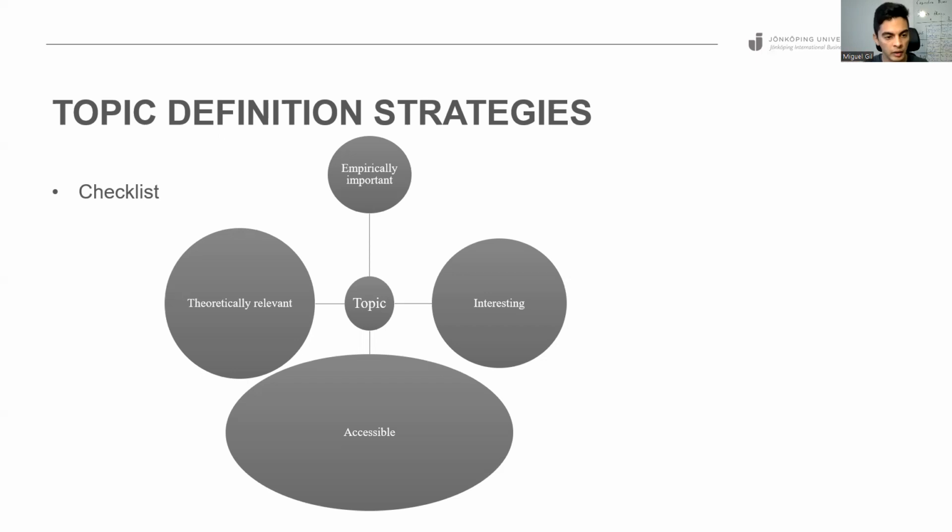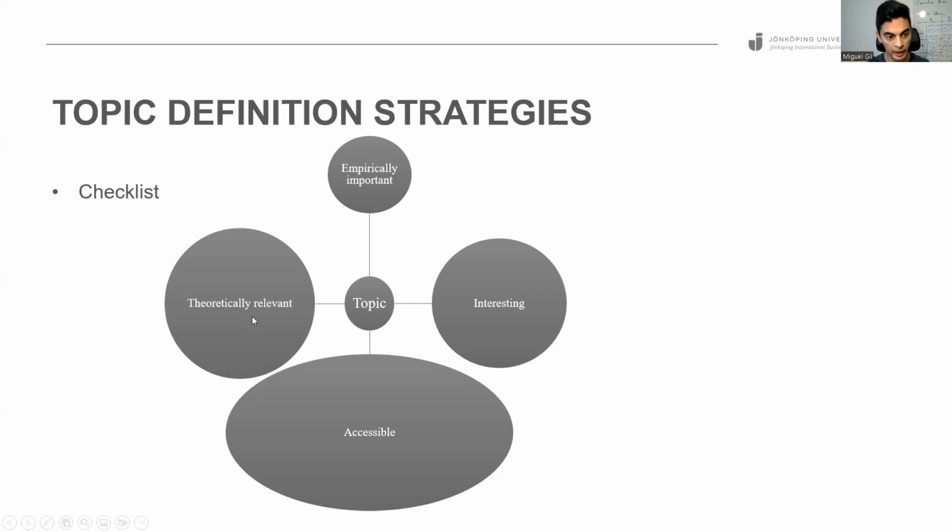So I had access. It is theoretically relevant from the international business literature. They are now exploring ideas from psychology, so it's very relevant for international business studies. Of course, it's not already given. My co-author and I still have to argue for that.